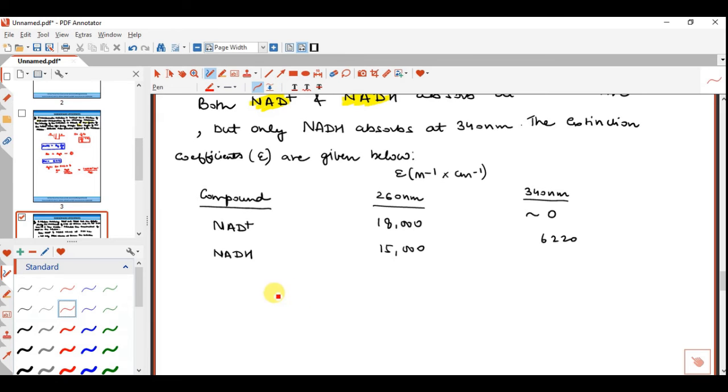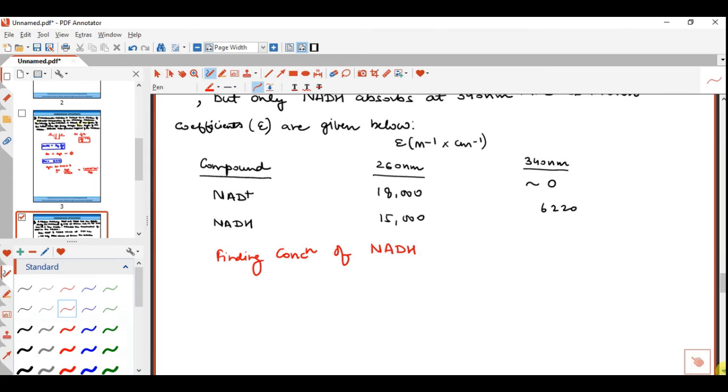So first of all, let me just start finding the concentration of NADH. Because you can see that at 340 nanometer, only NADH is absorbing and NAD plus is not absorbing.